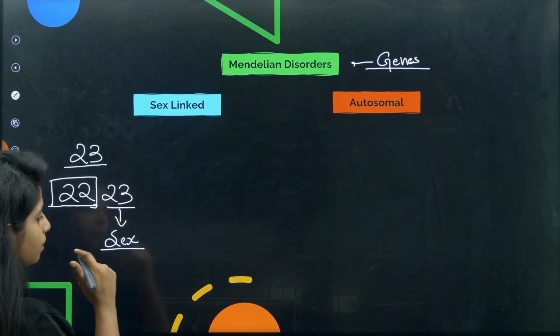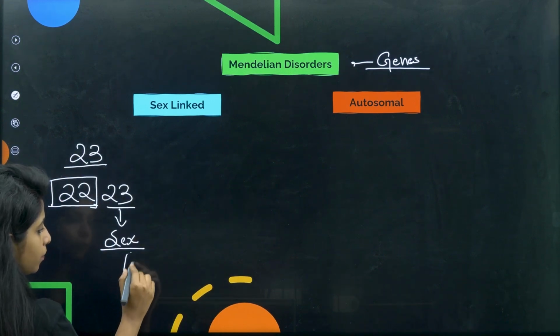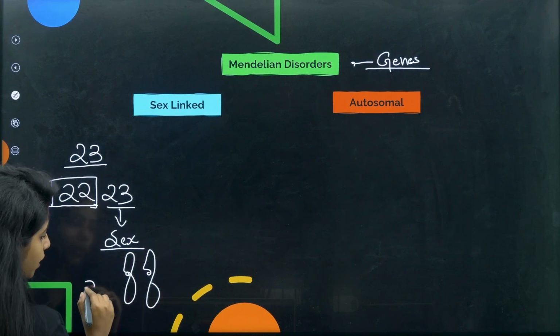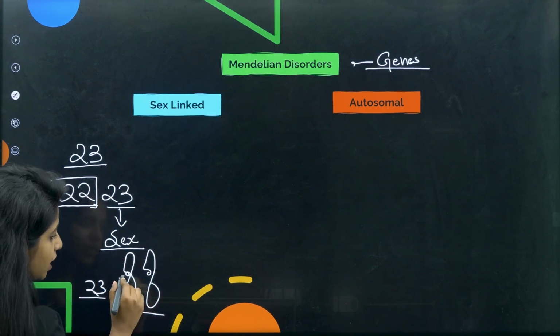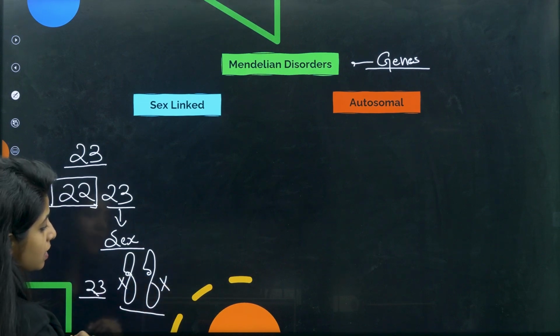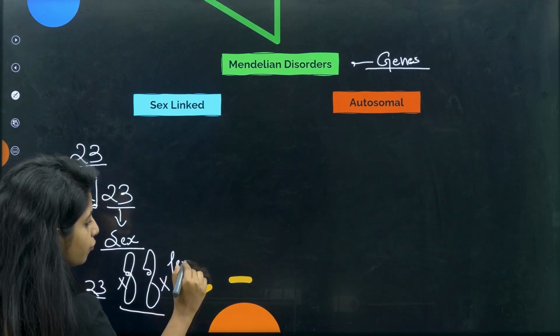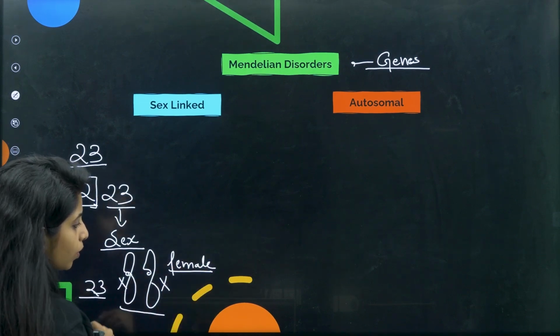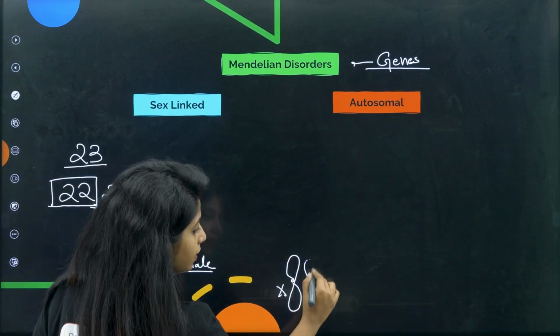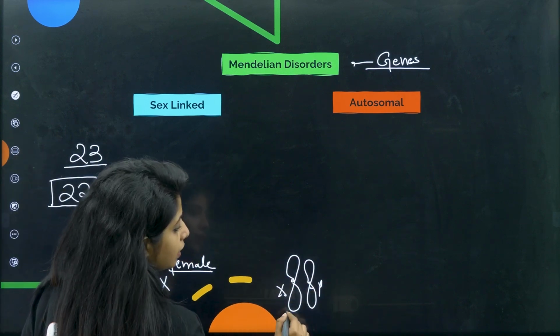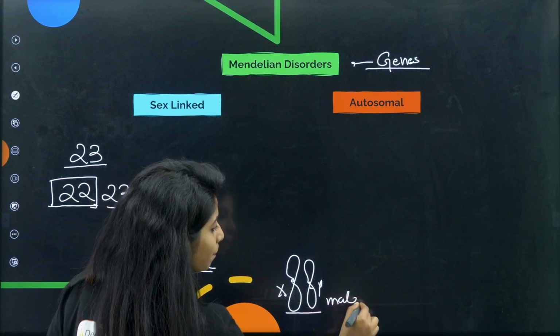There has to be a pair. So I will have an X chromosome and the other one will also be X, which is why I am a female. Suppose there was a person who had one X chromosome and the other one was Y. Then this person has to be a male.